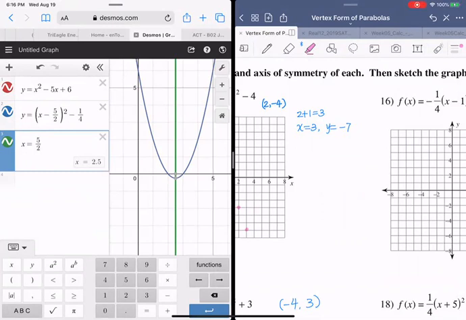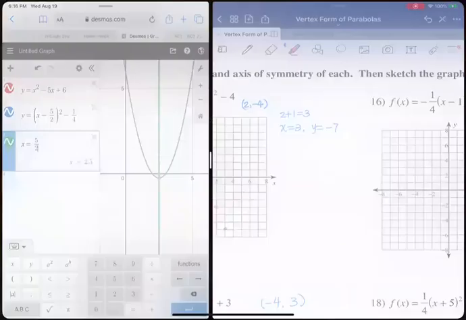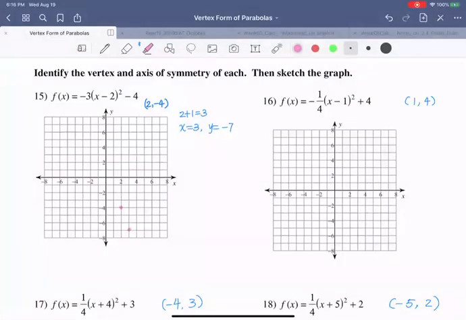So when x goes 1 to the right, to 3, y equals -7. If x goes 1 to the left from 2, this y will be the same value, because this line is the axis of symmetry.